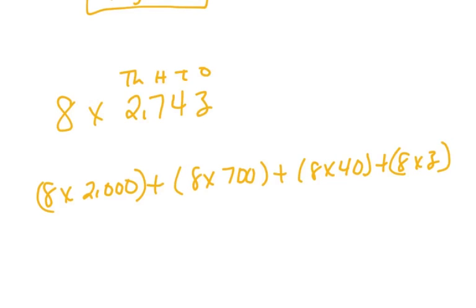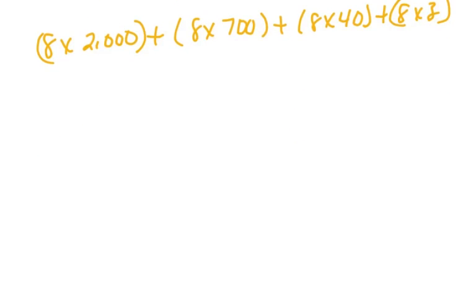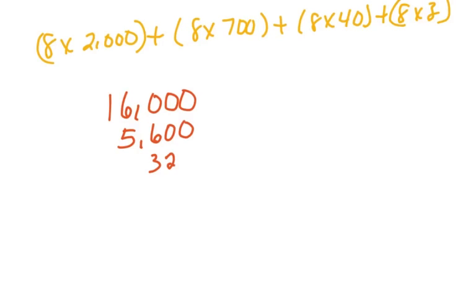And we're still showing that 8 is being distributed to each place value position in the number 2,743. So we do the same thing that we did in the last video. 8 times 2,000 is 16,000. 8 times 700 is 5,600. 8 times 40, 320.